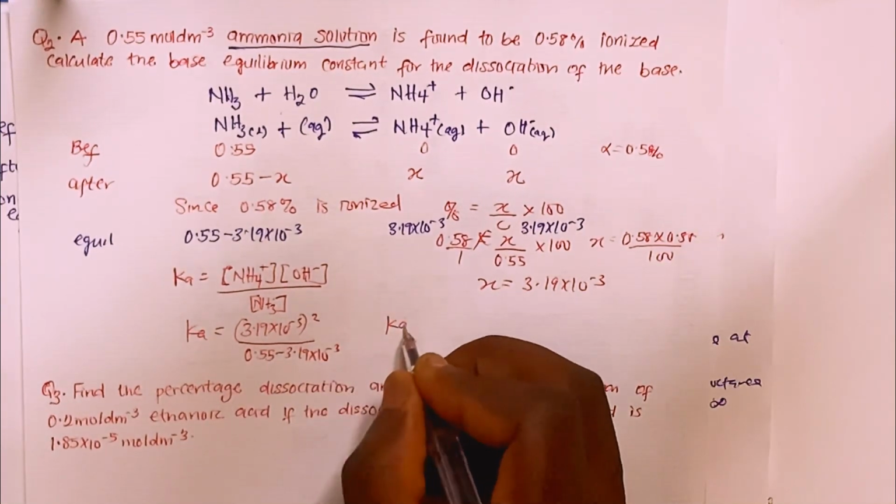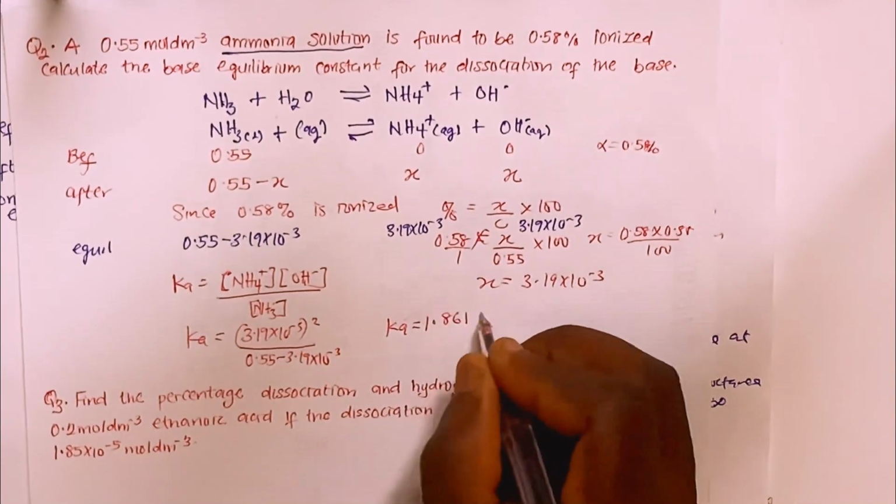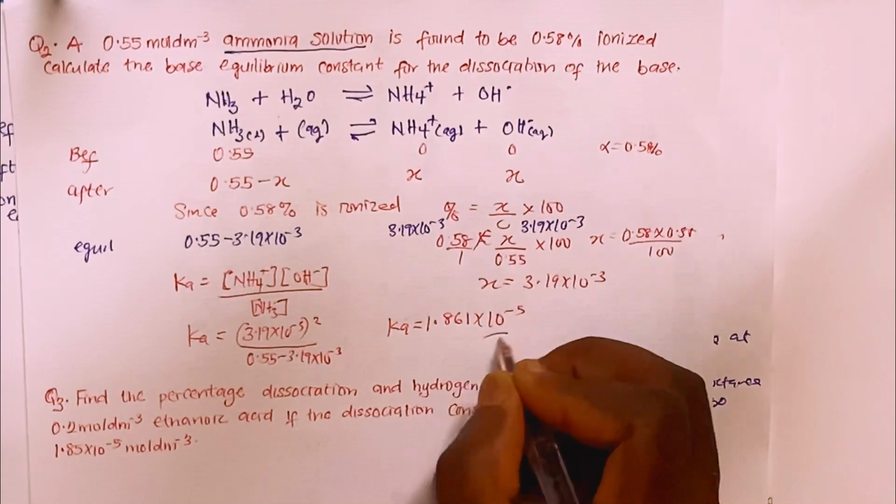Solving this, you are going to have your Ka equal to 1.861 times 10 raised to power minus 5. So that's the answer.